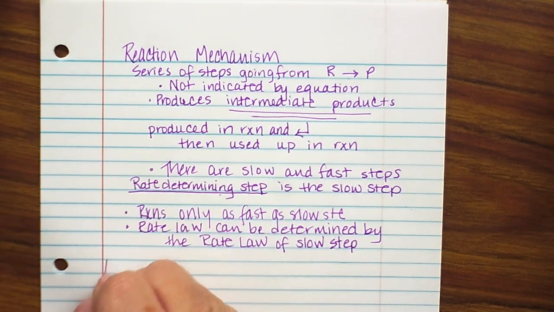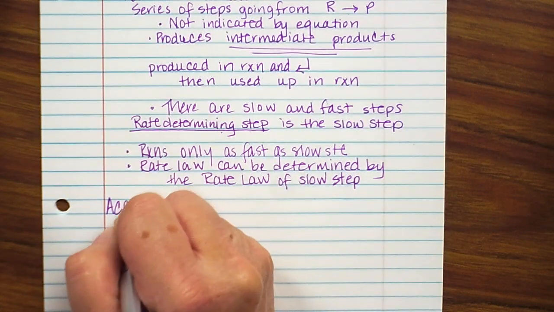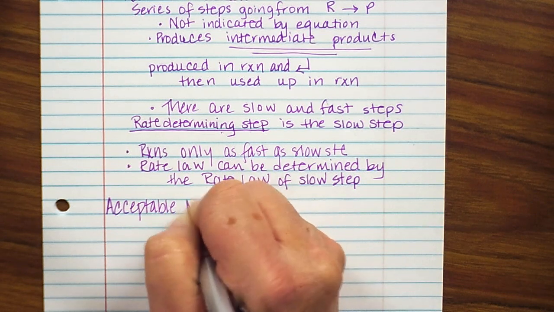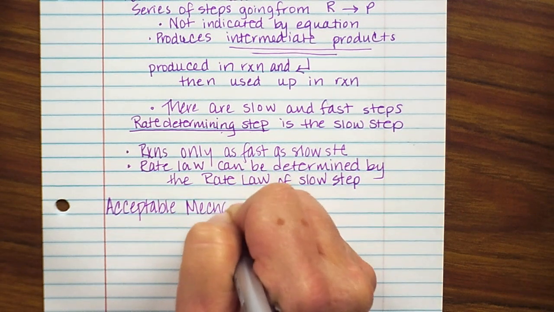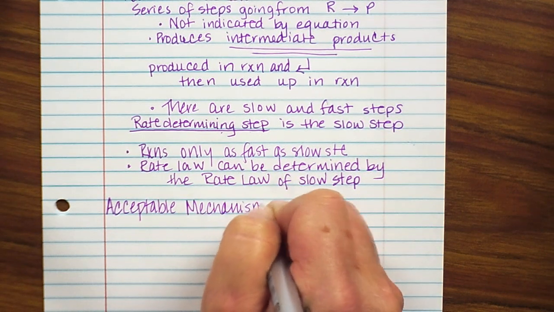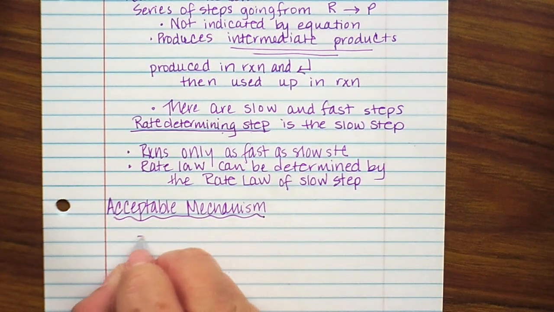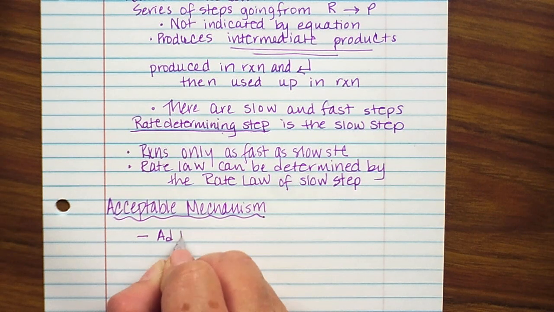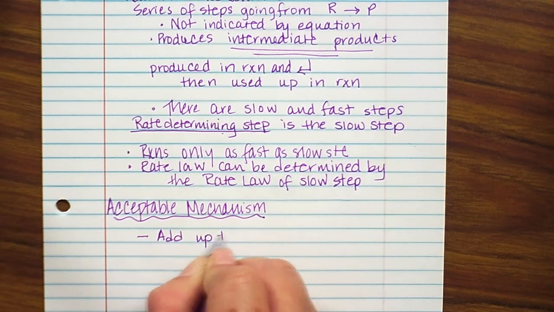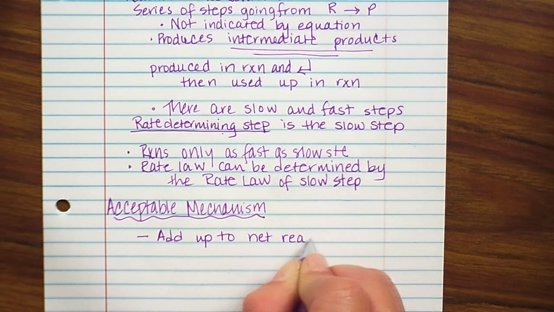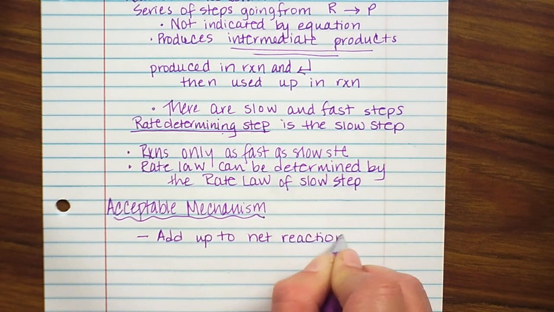So your acceptable mechanism would add up to your net reaction, and we know this from Hess's law, right? They have to cancel out and add up.